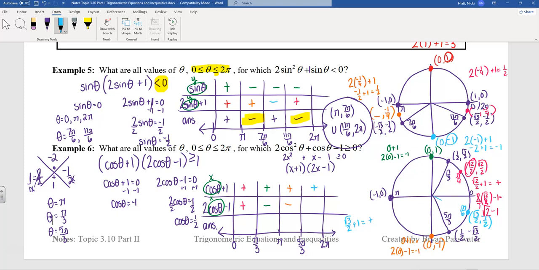But any other value is going to give you a positive number. So you're going to get positives everywhere there. Then I would have 2 times square root of 3 over 2 minus 1. And so 2's cancel. I'm getting square root of 3 minus 1. Is that going to be positive or negative? Positive. Square root of 3 is bigger than 1. So that's going to give you a positive value.